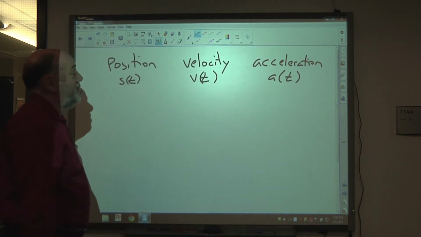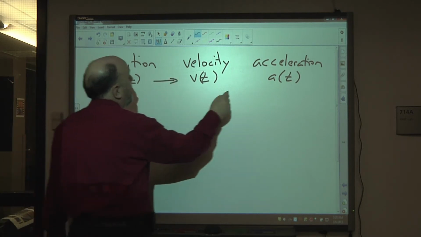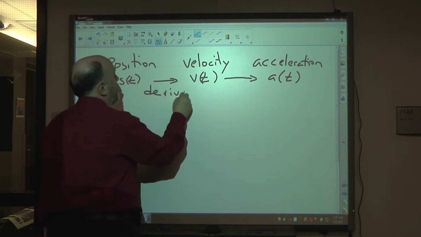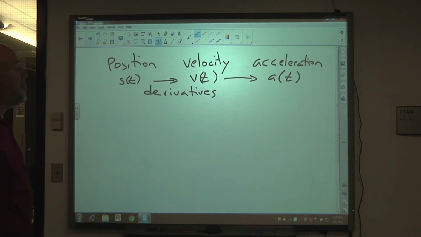We saw, when we talked about derivatives, that going this way, the derivative of the position function was velocity, and the derivative of the velocity function was acceleration.